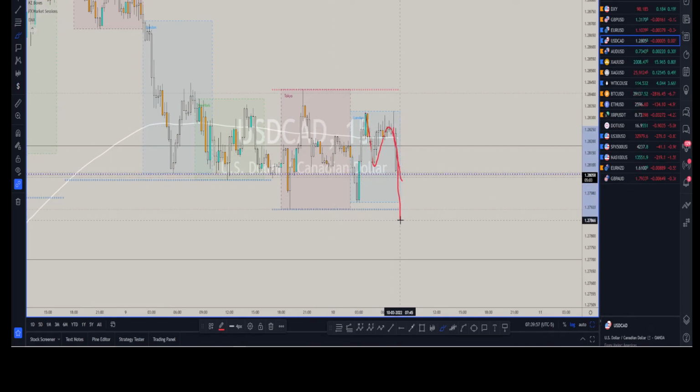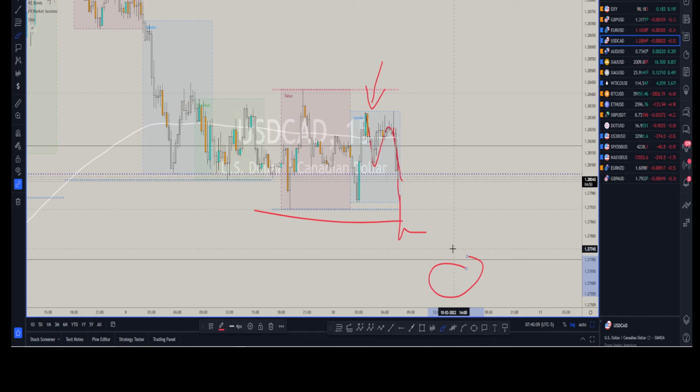Now if this breaks from here and closes under, this leg becomes my missing leg. That will repeat later in the future.